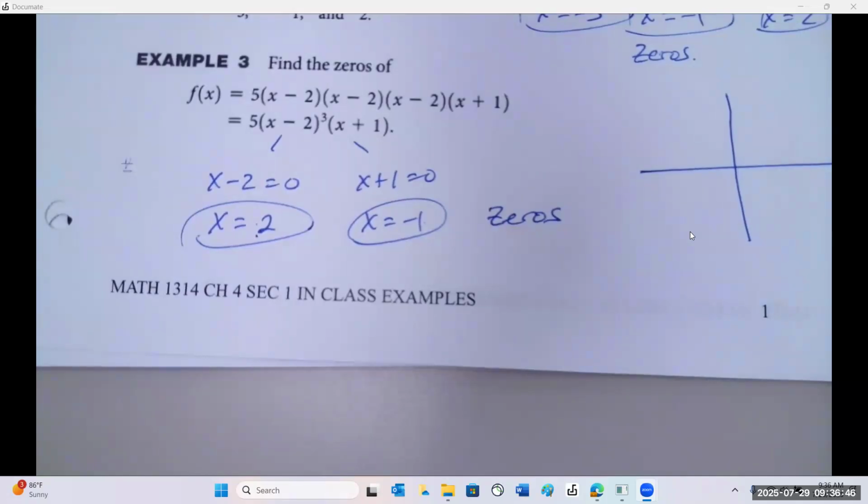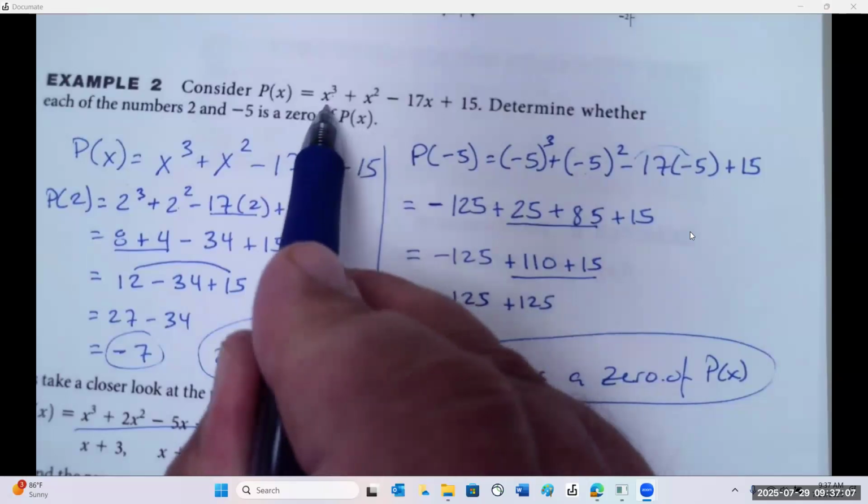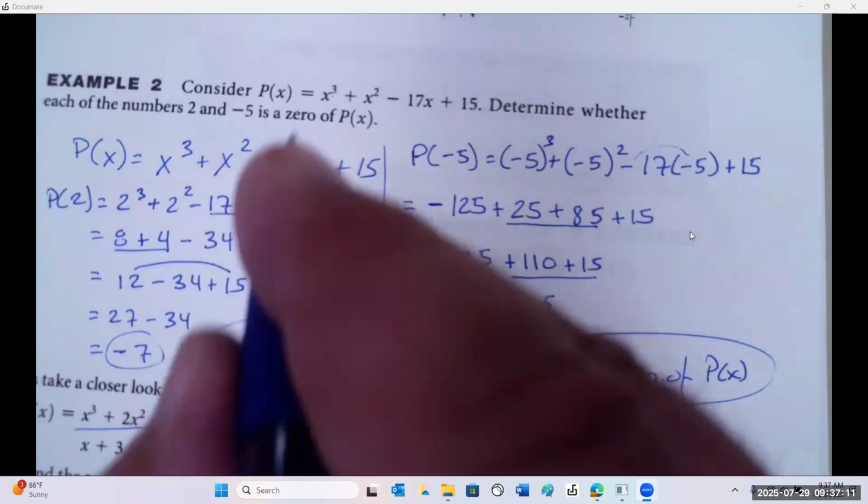What's the degree? The degree is the maximum, the highest number of x's. For this one, it's 3. But is this factored? If it was factored, what would it look like?